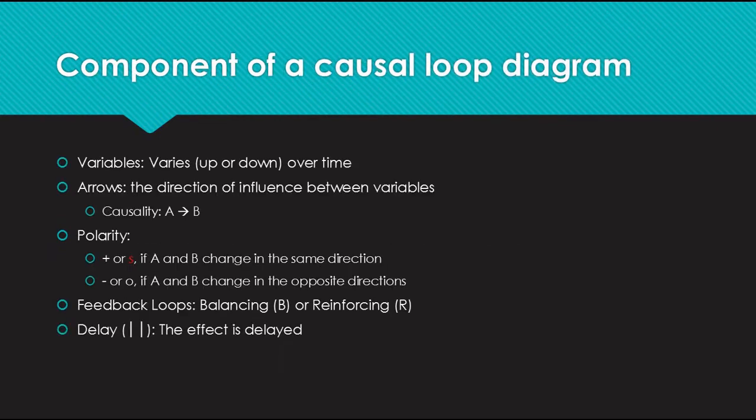Following are the components of a causal loop diagram. First and foremost, it has what we call the variables. Variables are something that varies over time. Examples would be your money in the bank, which is not constant, of course.